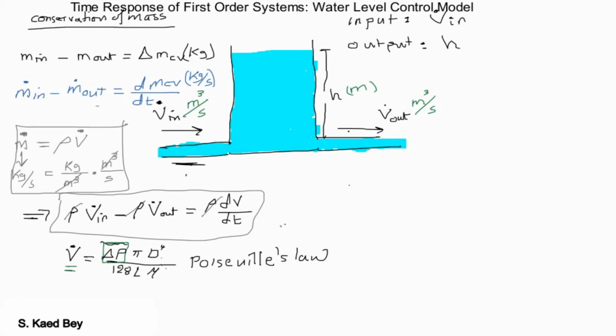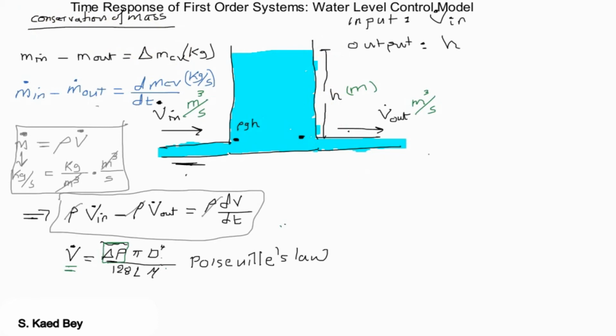So for example, the pressure at this point is the same as the pressure at this point, which is equal to the density of the liquid multiplied by the gravitational acceleration multiplied by the height of the water on top, where rho is the density of the liquid and h is the height.